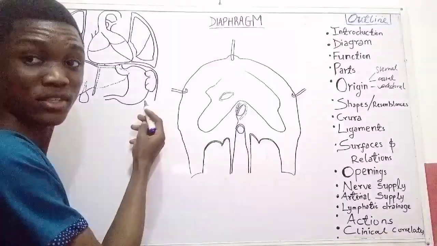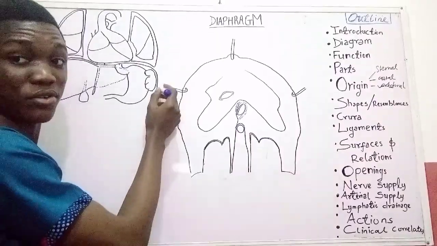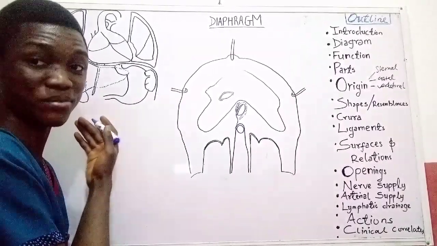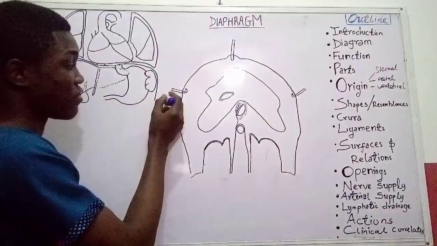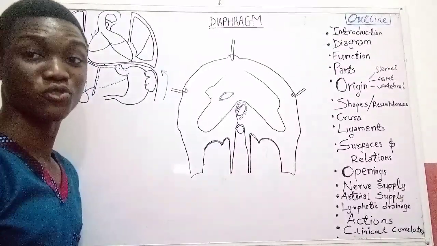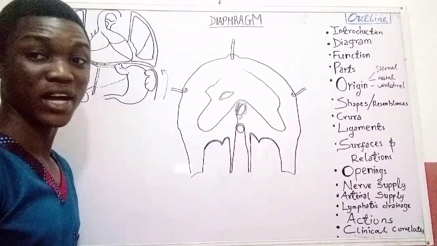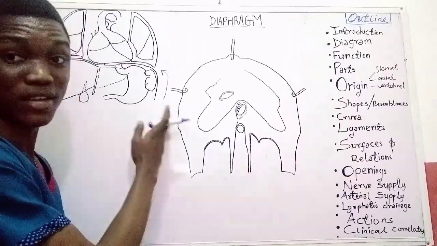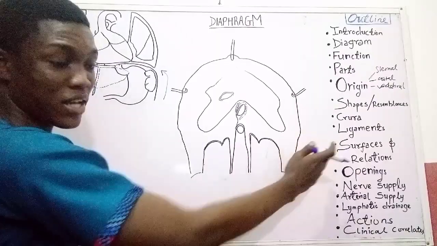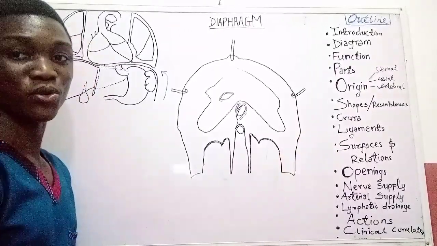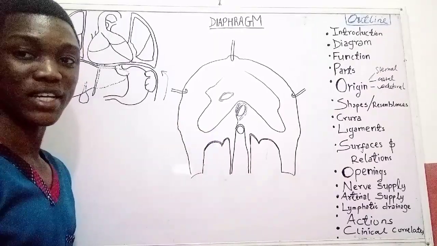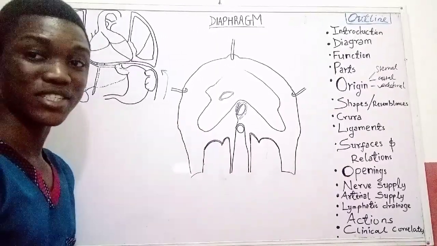So using this diagram, this is the peripheral muscle of the diaphragm. This is just like a cross section of the diaphragm. So the muscles of the diaphragm arch upwards, as you can see, to form the dome shape at both sides. This is the left side and this is the right side of the diaphragm. So the fibers arch upwards, and then they descend forwards to insert into the central tendon.